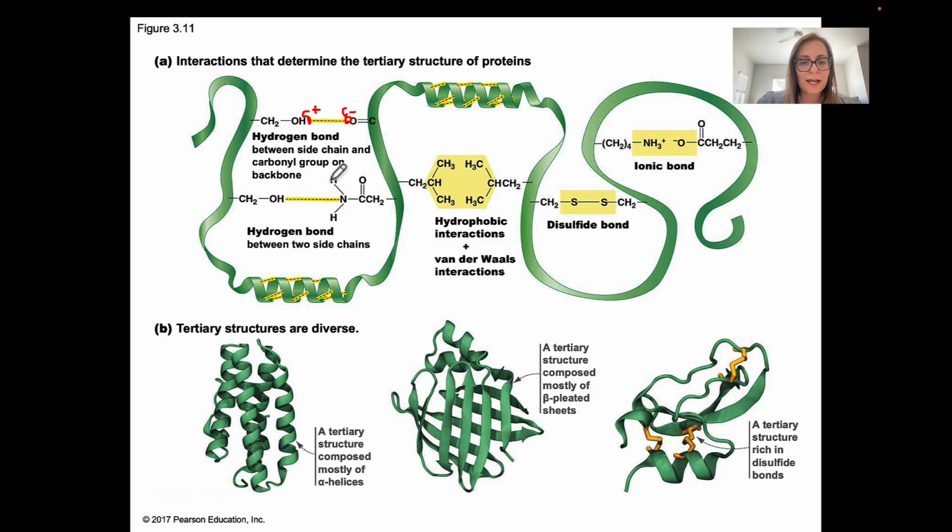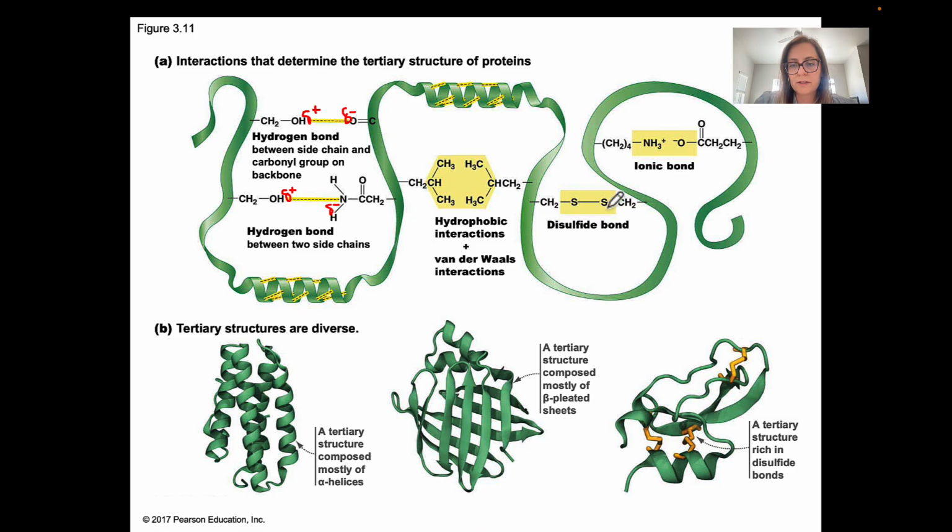We can also have a hydrogen bond forming between two side chains with partial charges. This nitrogen would have a partial negative charge, and this hydrogen would have a partial positive charge because it's bound to oxygen. So we would have a lot of hydrogen bonds, which would build in strength over the whole length of the polymer, or over the whole length of the oligopeptide.